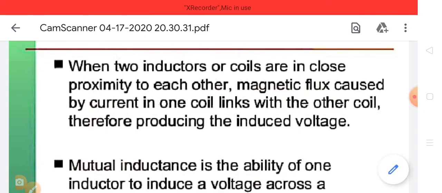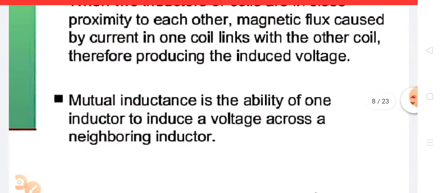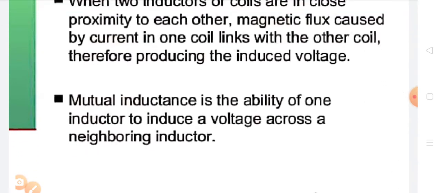So an induced EMF is produced. The current in one coil affects the flux in the other coil, and then a voltage is produced in the other coil. This is the mutual inductance. Mutual inductance is the ability of one inductor to induce a voltage across a neighboring inductor. By varying the current in one coil, you can get a change in the other coil also.